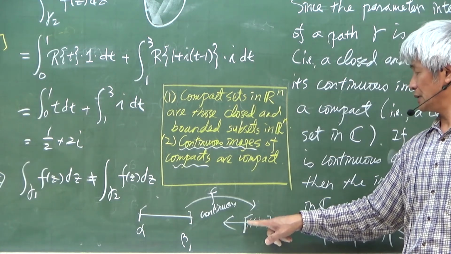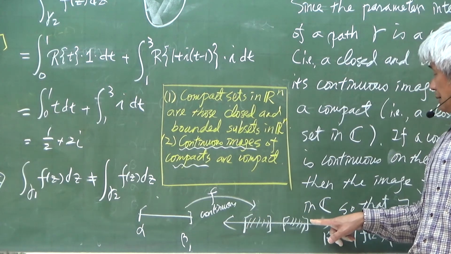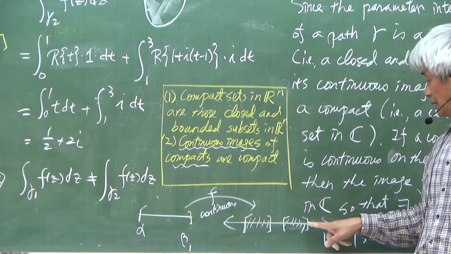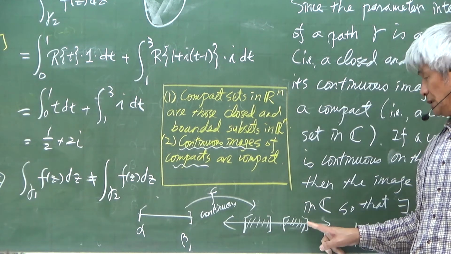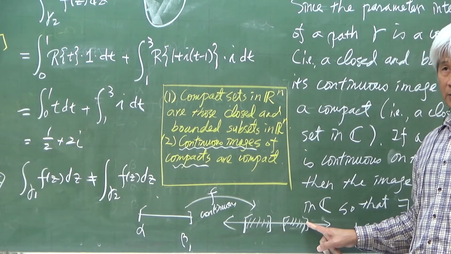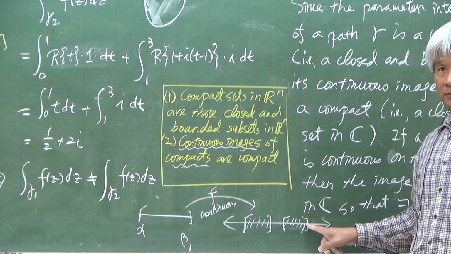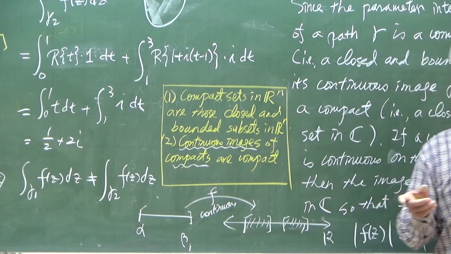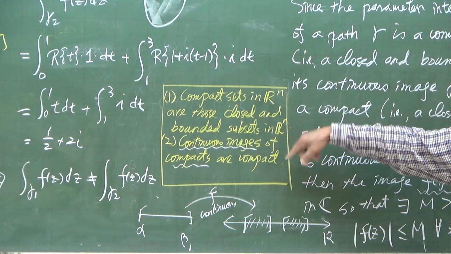So you get the minimum value. And this upper bound must be on the boundary, and because it's closed, it will include the boundary point. So the image has the maximum value. This is why you have the extreme value theorem in calculus. That's simple, right? It's the application of these two principles.